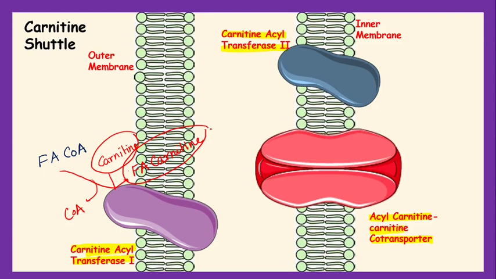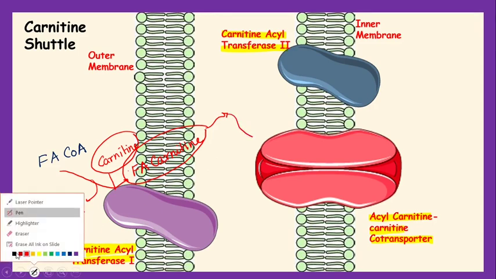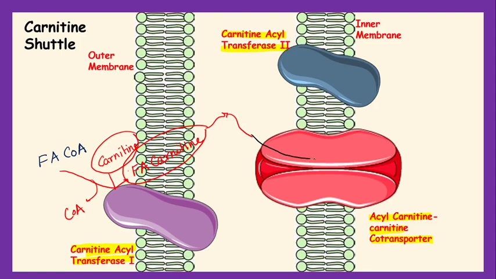Now this fatty acyl carnitine molecule moves through the intermembrane space and passes through the co-transporter and goes inside the inner membrane of the mitochondria, that is the matrix of the mitochondria. In the matrix of the mitochondria, this fatty acyl carnitine is again converted into fatty acyl CoA and carnitine, right?